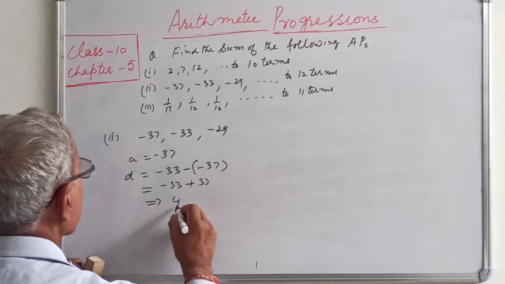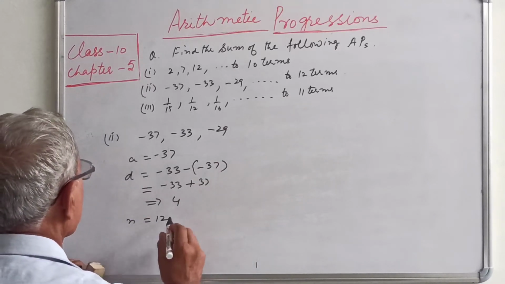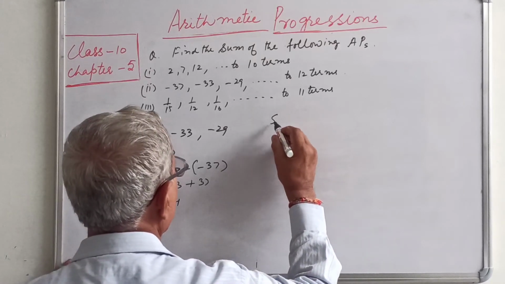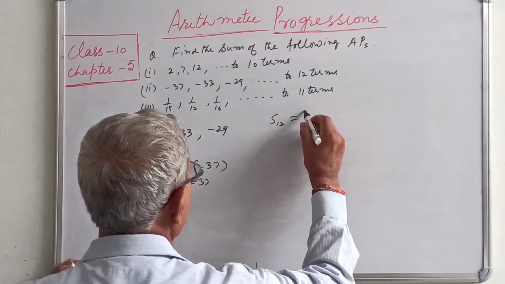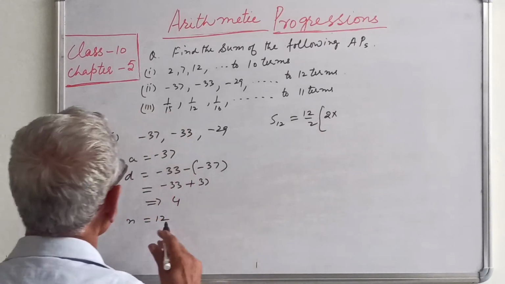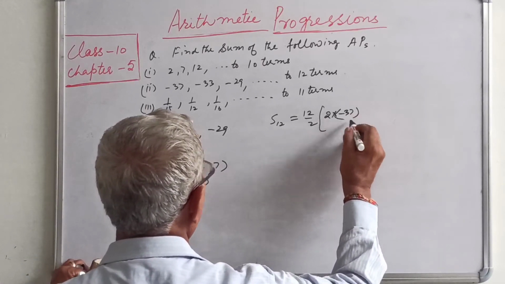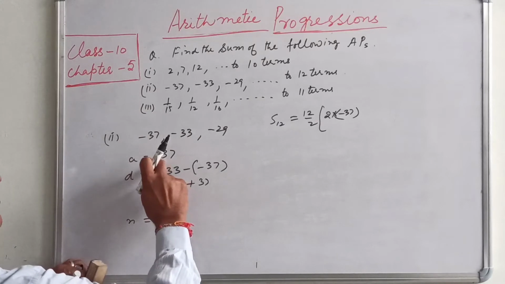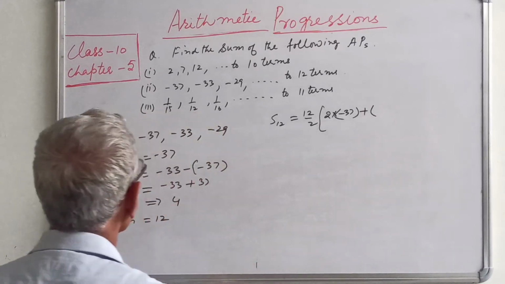So D is 4. So n here is 12. So S12 will be 12 upon 2. So 2a here is minus 37 into 2, A is minus 37 plus n minus 1.